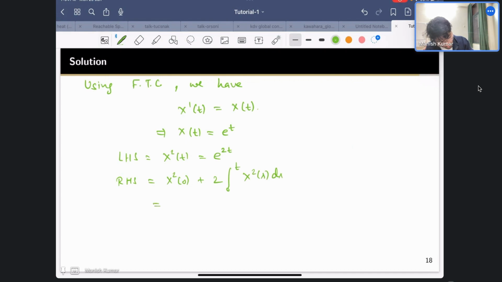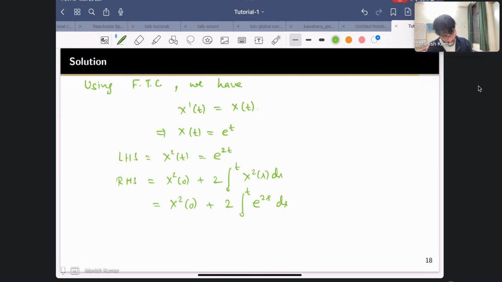So x squared of 0, let's keep it like that. x of t is like x of 0 into e to the power of t, right?